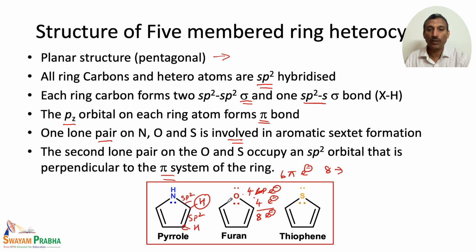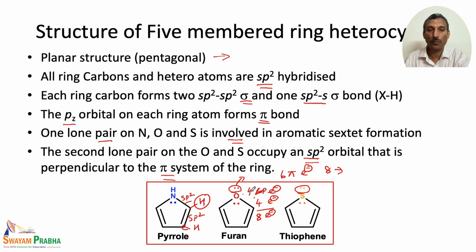So, that means out of the 2 lone pairs, only one is involved in the aromatic pi sextet ring formation, and the other is actually perpendicular to the sp2 or the pi electron cloud. That is the reason it is not involved. So, we can say only one of the lone pairs from oxygen and sulfur is involved in the pi ring formation.